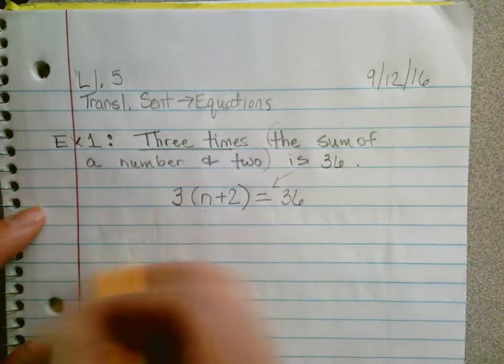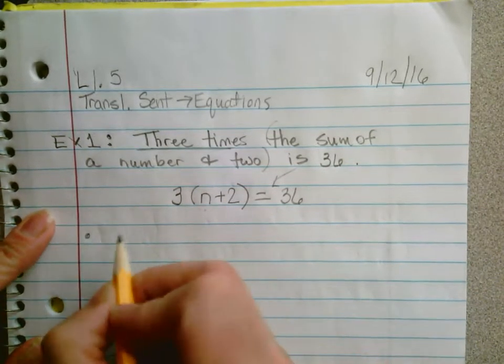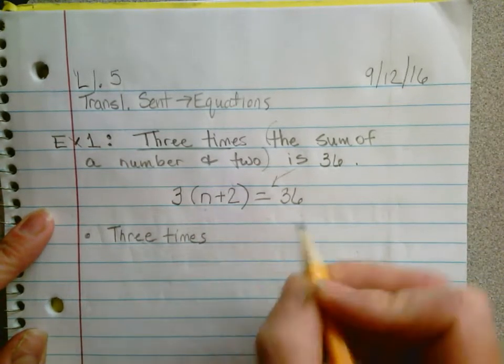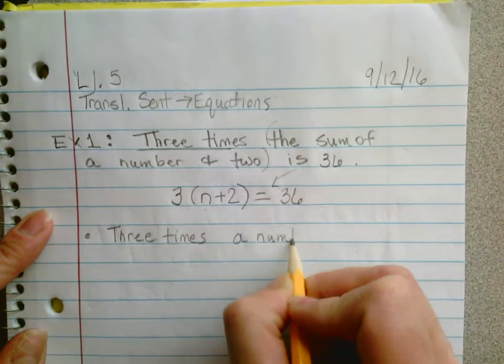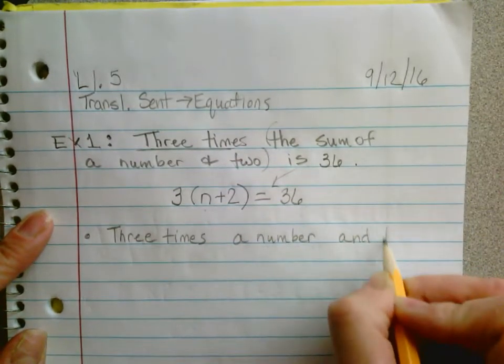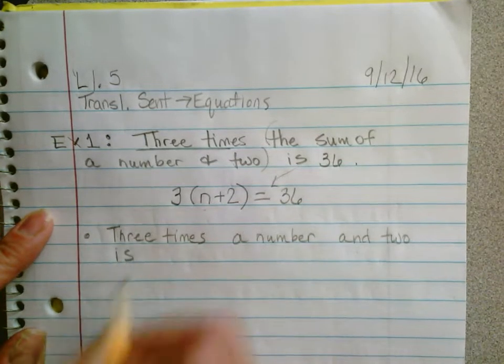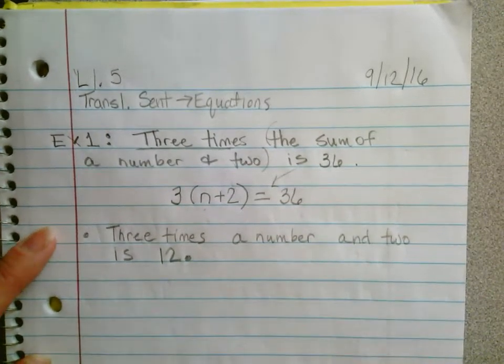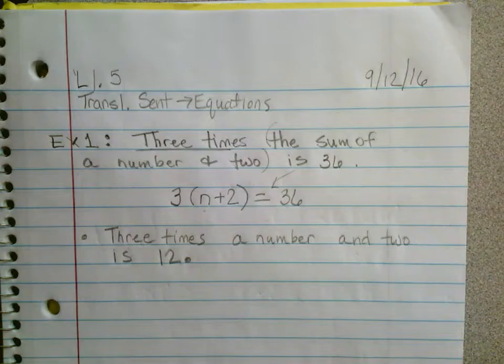Here is another example that's sort of similar to that. Okay. Notice how it is not saying the sum of a number and 2. You notice the difference? And I used a different is, but 3 times, it doesn't say 3 times the sum of a number and 2, it just says 3 times a number and 2.